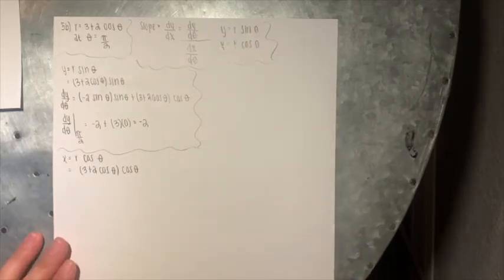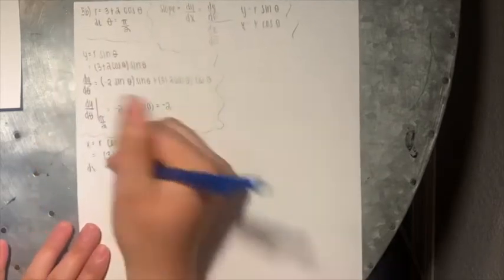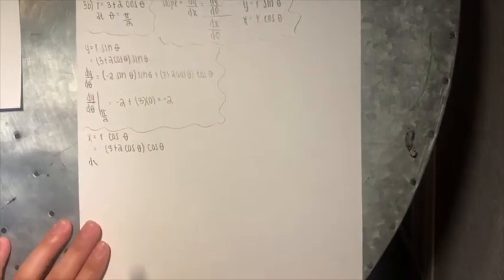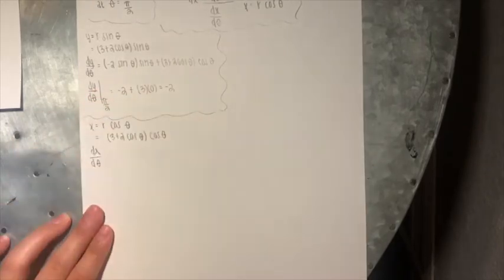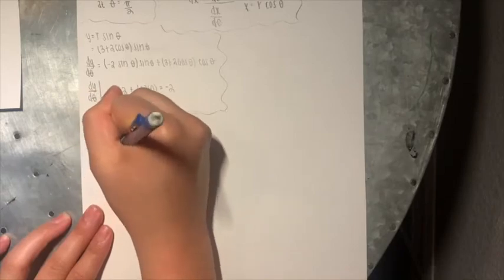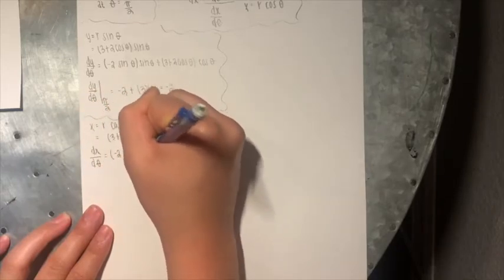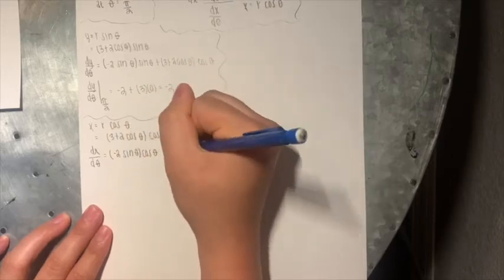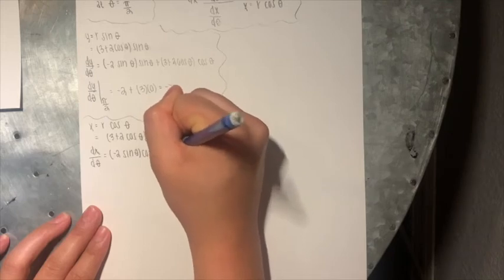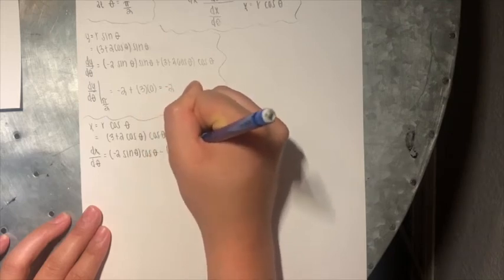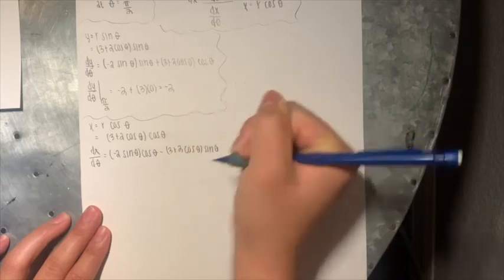Then using the product rule, we want to find dx d theta, which will equal -2 sine theta times cosine theta minus 3 plus 2 cosine theta sine theta.